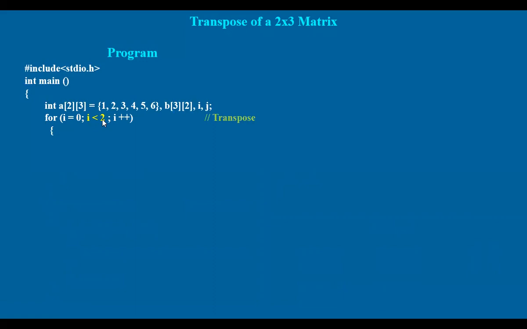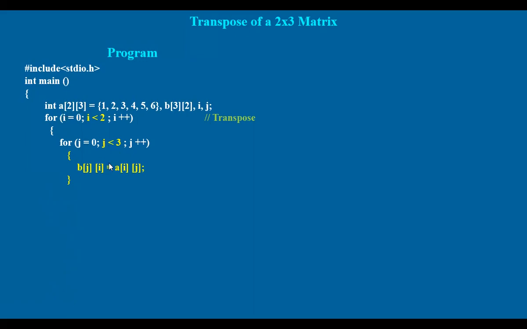Now coming to the inner loop, we have taken j is equal to 0 and j less than 3, that means j is equal to 0, 1 and 2. It takes 3 values because we have 3 columns in the array A.